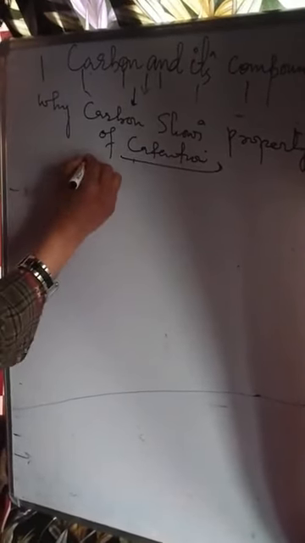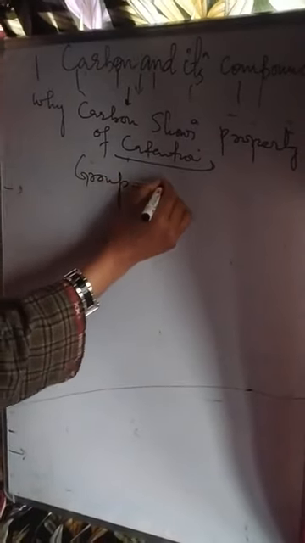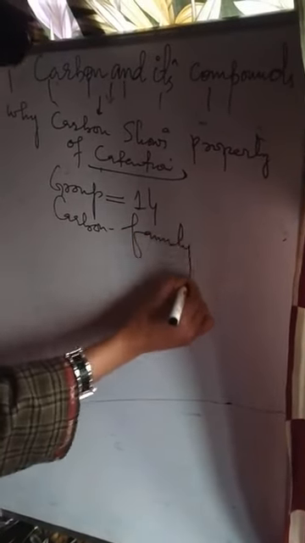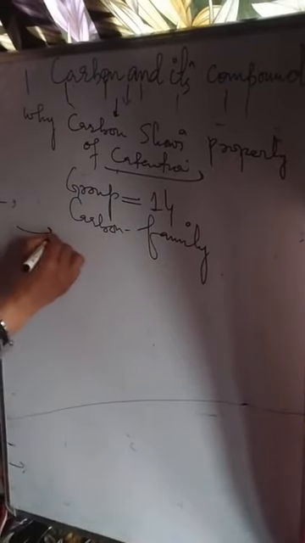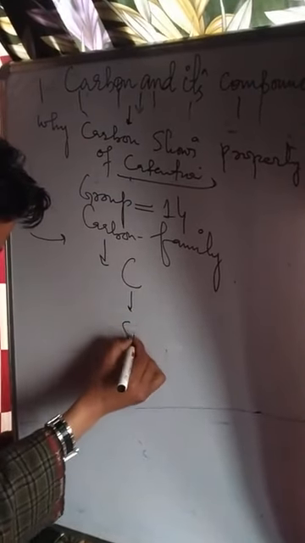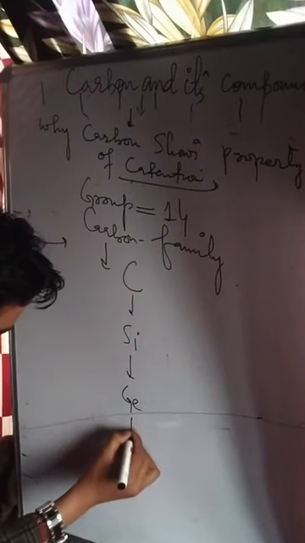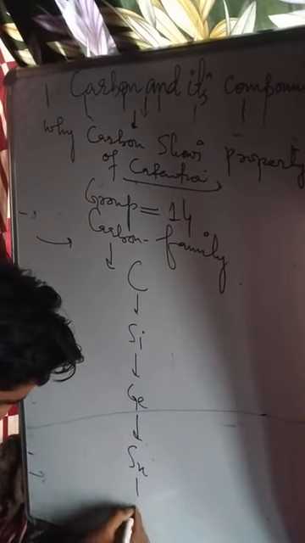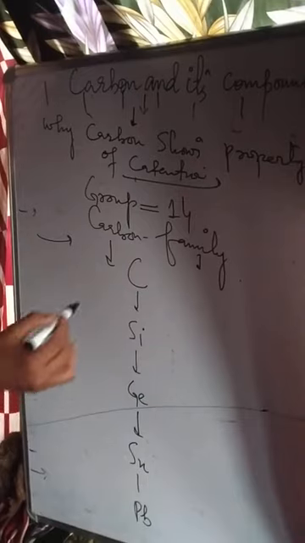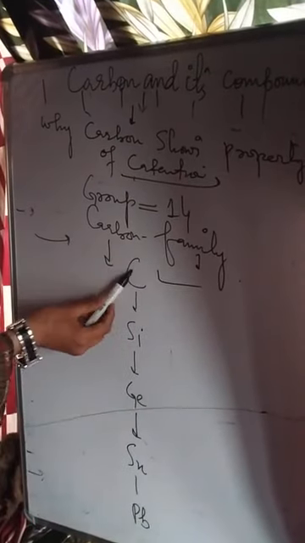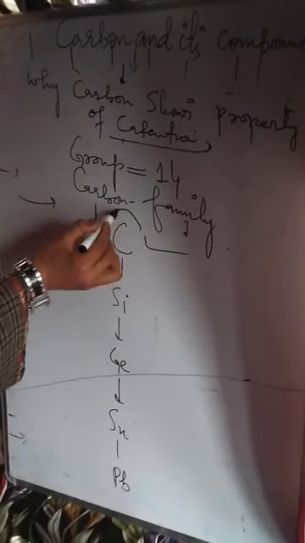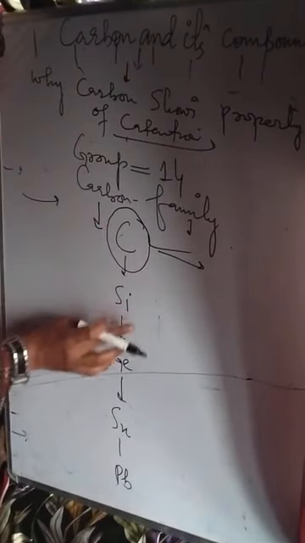As far as group 14 is concerned, also called the carbon family, the group includes carbon at the top, then silicon, germanium, tin, and lead. The 14th group of elements is also called the carbon family because carbon is at the top of the group. Now the question arises: why only carbon shows the property of catenation as far as group 14 is concerned?